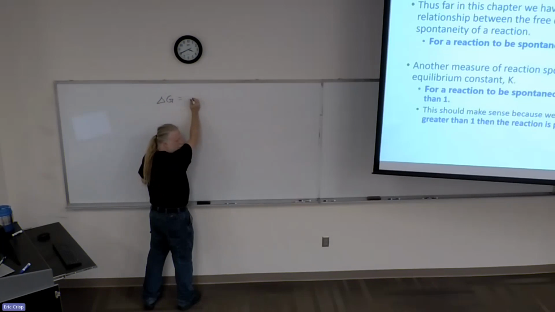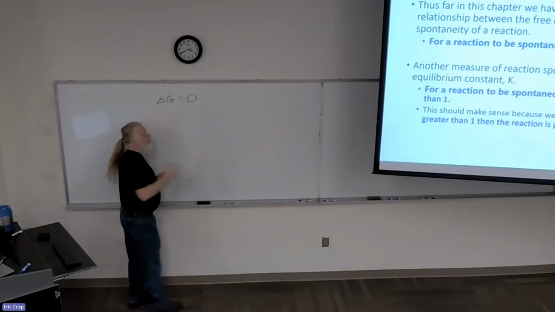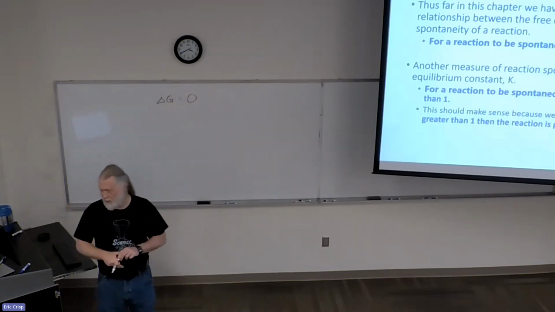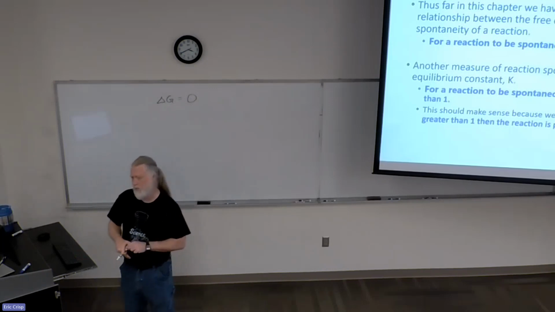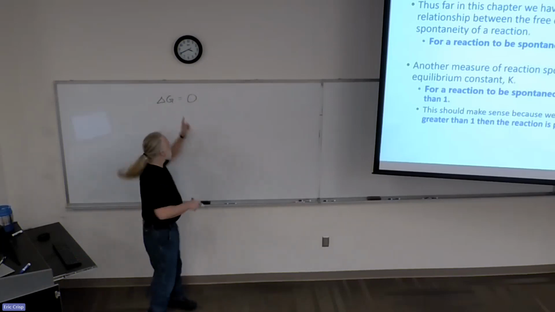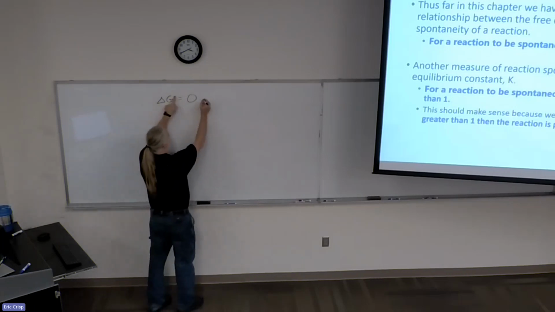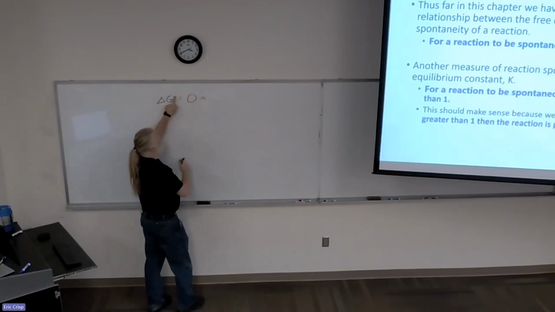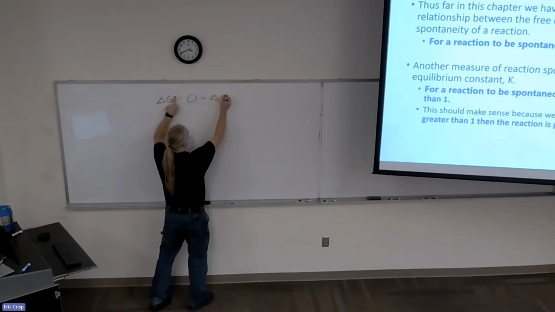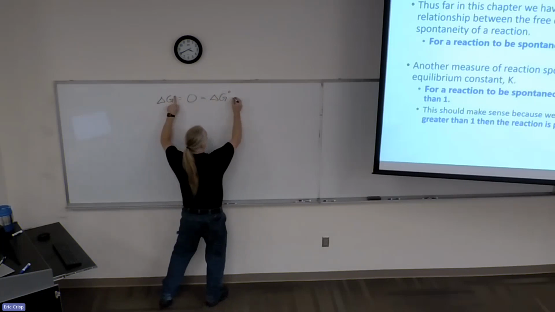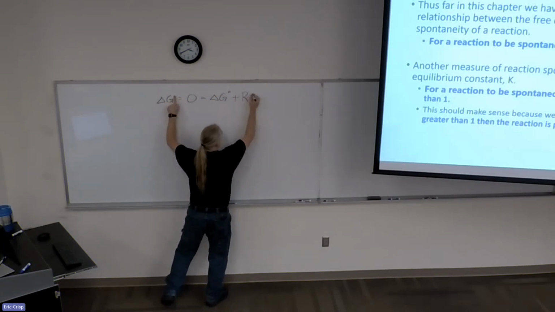Delta G equals zero. But also, we now have an equation for delta G. What equation do you want to use to calculate it? This does not have a superscript. So what would I want to calculate it as? Delta G naught plus RT ln Q.